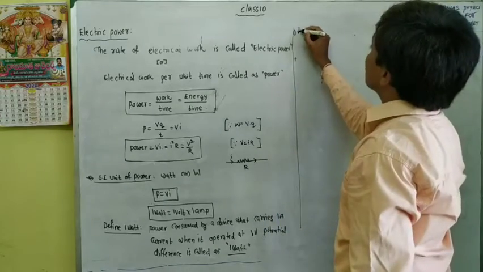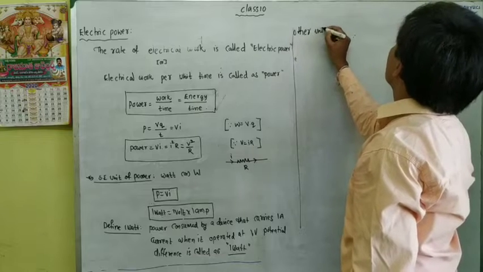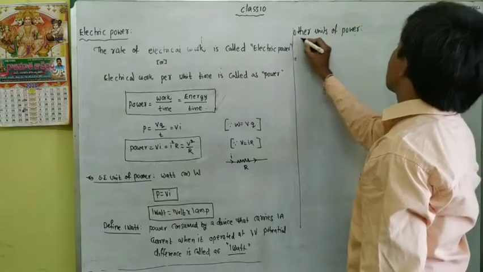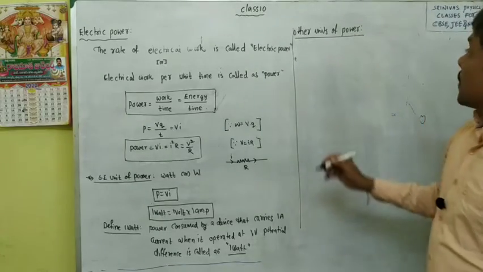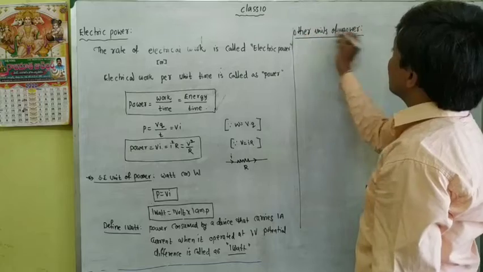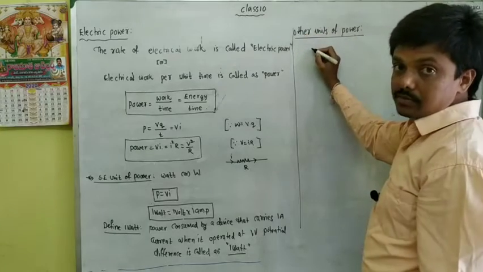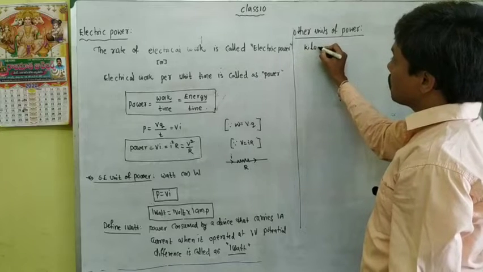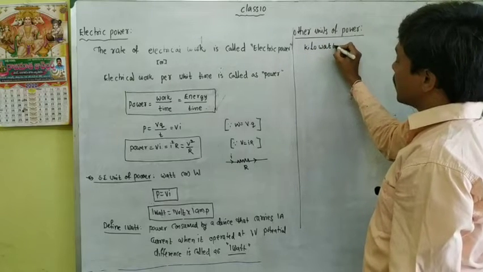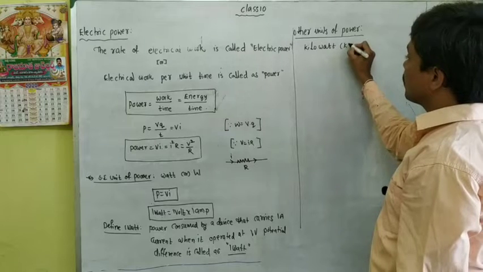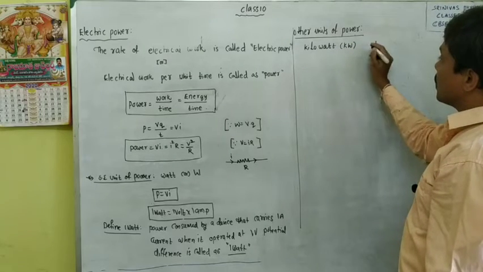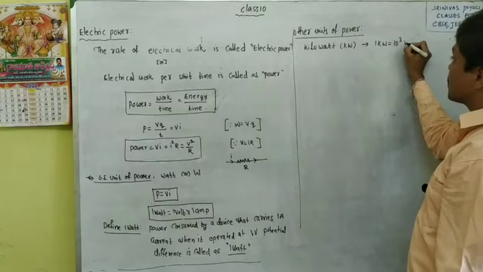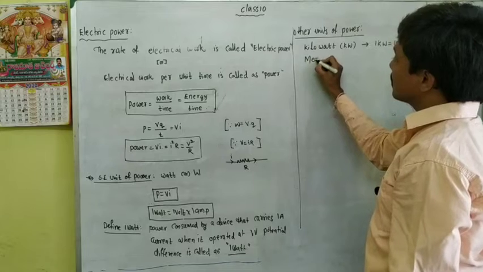Other units of power: kilowatt, kW. Here 1 kilowatt is equal to 1000 watts.